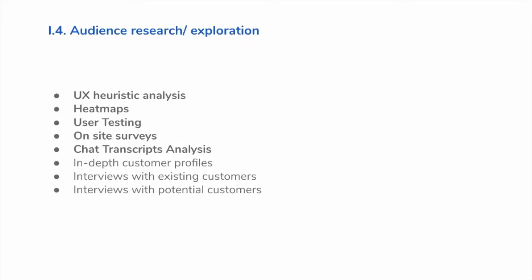So I simply start with the heuristics analysis, then heat maps, hire a few user testers to see live what's their opinion and what frustrates them and what they're happy about, and then you really leverage the chat transcripts you have, because that's gold. It's simply an easy way to really understand what the people like and what they dislike about the website. And last but not least, on-site surveys are really simple to implement, and I recommend you to go ahead with that.